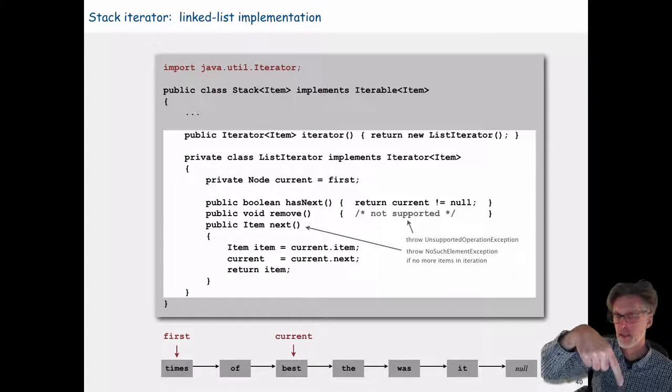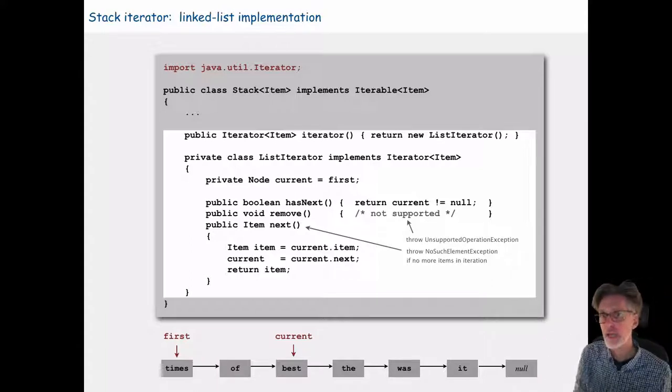And what we're going to do is say, well, that's kind of all the state we need. We need to know which item we're on. And when we hit null, that's when we know we don't have any more items. And how do we implement the next? Well, we just store the current item, we advance the current pointer, and then we return that item. Okay, so that's how you return the next item.